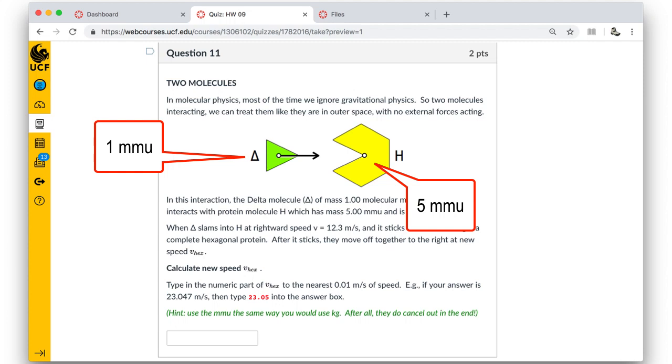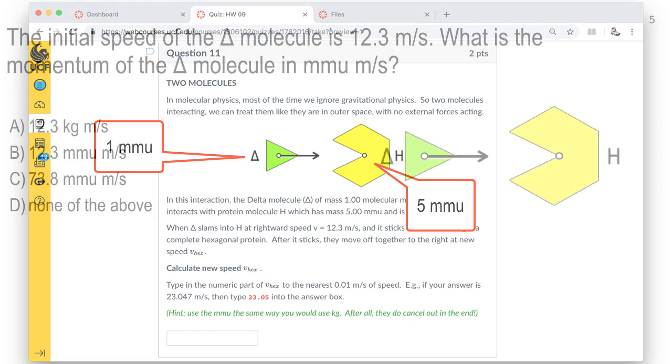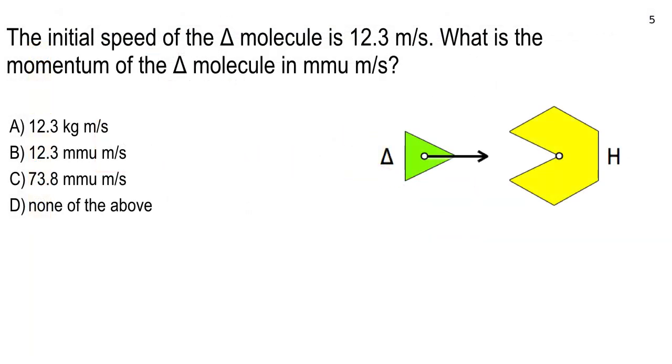Matter of fact, here's the first problem. The initial speed of the delta molecule is 12.3 meters per second, and it's 1 molecular mass unit. What is the momentum of the delta molecule in MMU meters per second? So think of that as if it were kilogram meters per second.